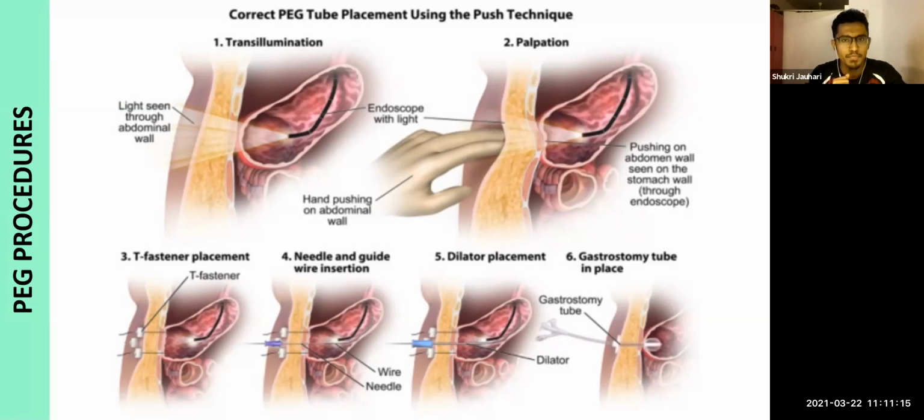Then we palpate the abdomen, and if we can see the movement of the abdomen by using the endoscope, then we know that we are in the right place. Then we do a T fastener placement, and then we insert a needle and guide wire, place the dilator, and last but not least, we put the gastrostomy tube in place.